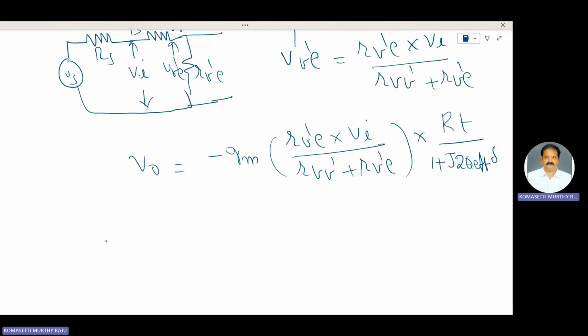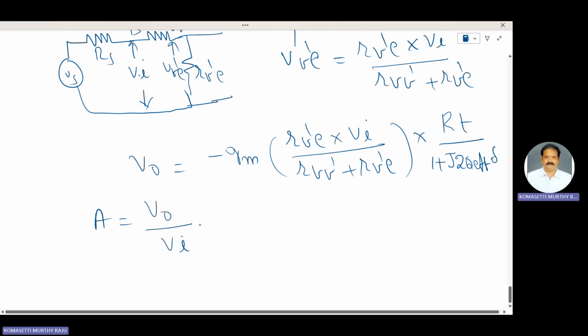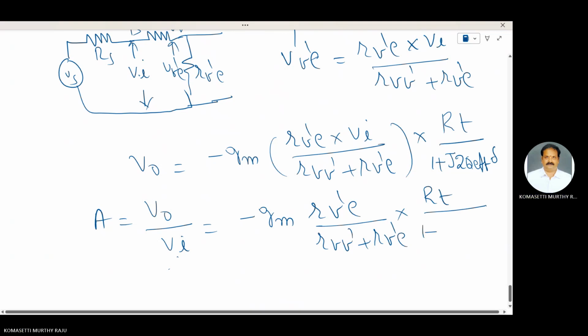Finally, the gain of the capacitor coupled single tuned amplifier is A equal to V naught by Vs, equal to minus gm into rb'e by (rbb' plus rb'e) into RT by 1 plus j 2Q effective into δ.